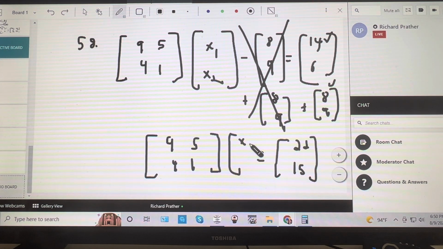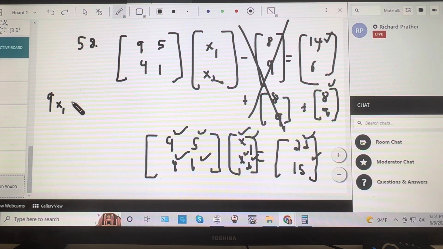You can either write a system out and have 9x1 plus 5x2 equals 22, and 4x1 plus 1x2 equals 15 and solve that. That would work. Or you could find the inverse of this, it's not going to be nice either. The determinant's 9 minus 20, that's negative 11. So definitely the system would be the better choice here.